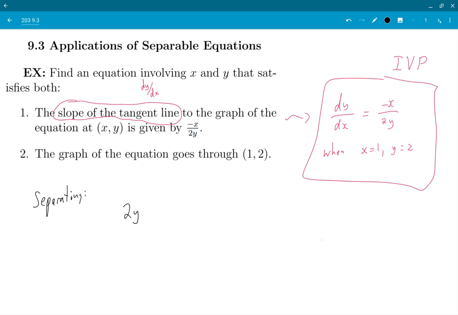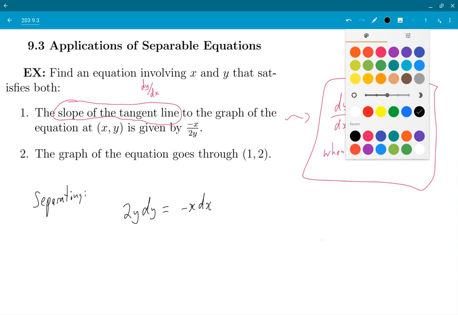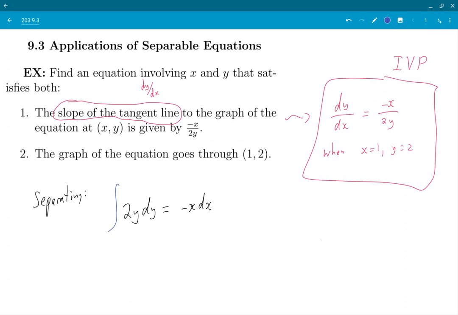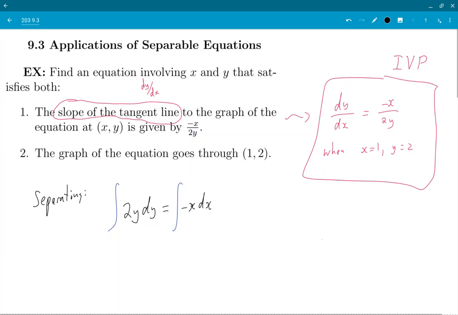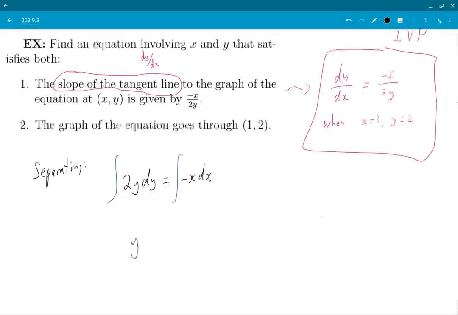I get 2y dy is equal to negative x dx. And then you integrate. You get y squared is negative x squared plus a constant.